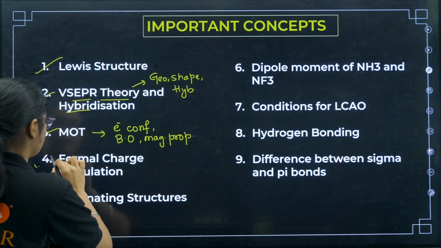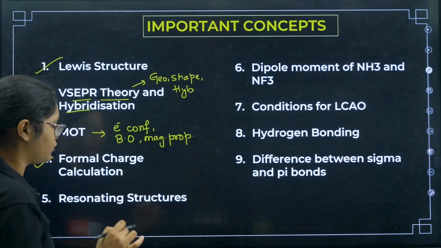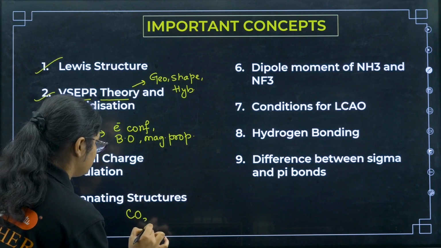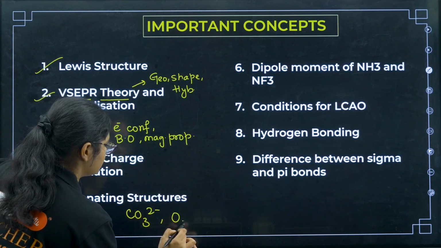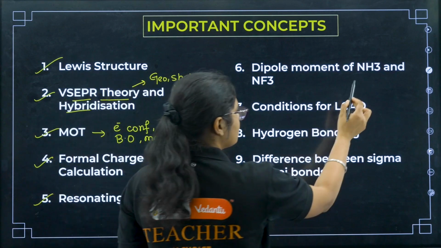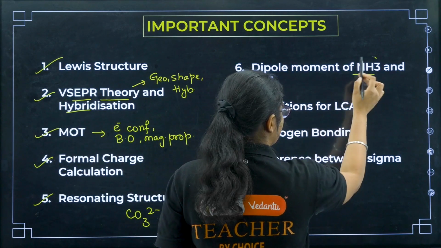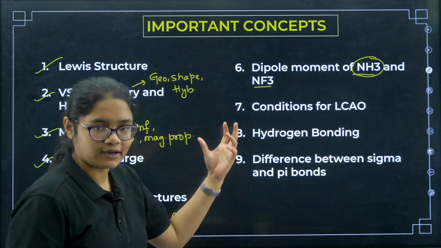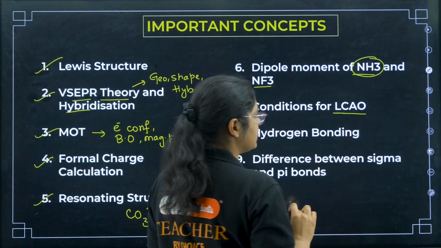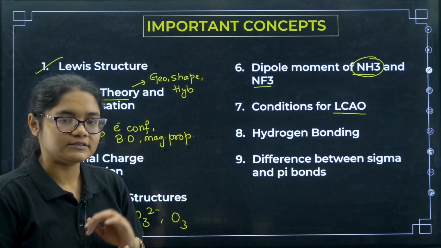Next we have formal charge calculation. Formula we will discuss. Resonating structures, especially for CO3 2- and ozone. These two resonating structures you should prepare. Next, dipole moment of NH3 and NF3. The dipole moment of NH3 is greater than NF3. You should know the reason for that. Then conditions for linear combination of atomic orbitals, very important.